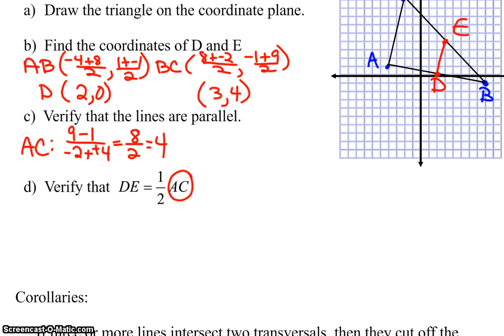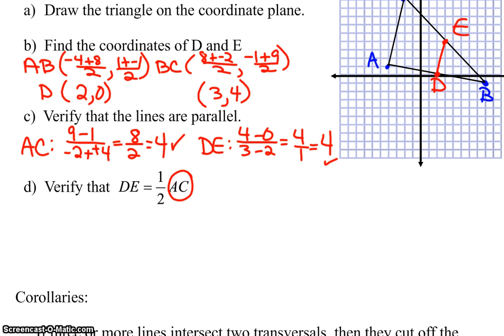Now I also need to do the slope of DE. When I do the slope of DE, I have 4 minus 0 over 3 minus 2, which is 4 over 1, which is 4. We can see that the slopes are the same, therefore our lines are parallel.